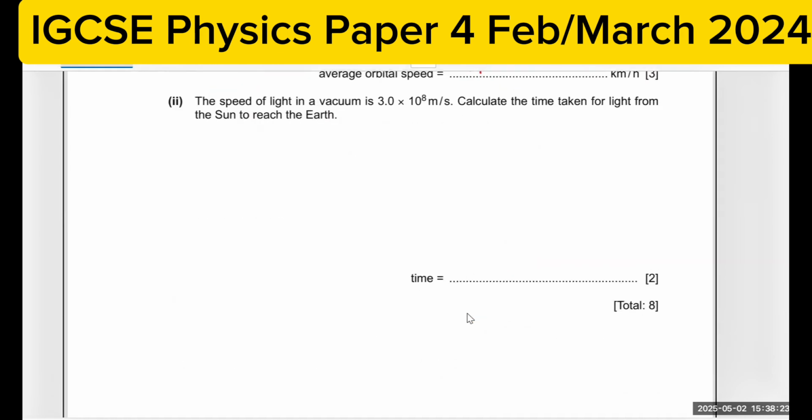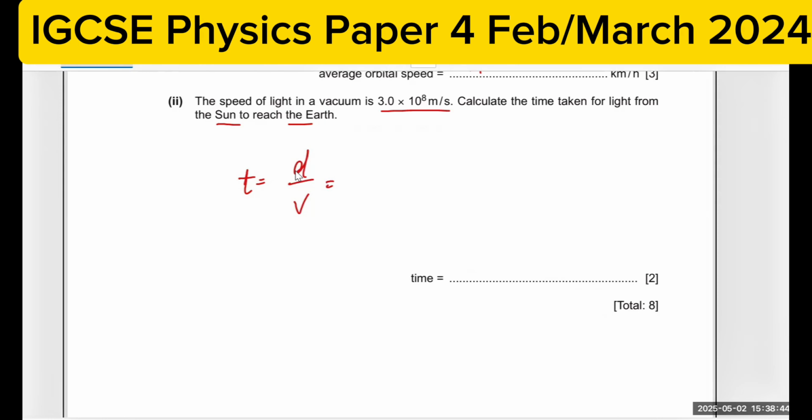The speed of light in vacuum is given. Calculate the time taken for light to reach us from the sun, which is approximately 500 seconds, but we need to prove it. We know that time is equal to distance over speed.